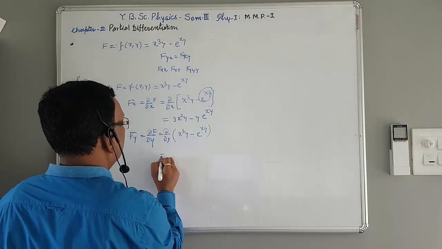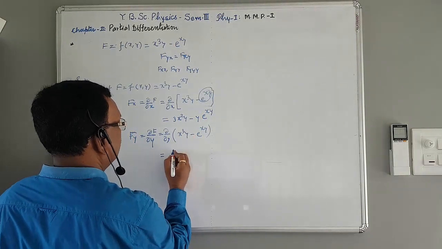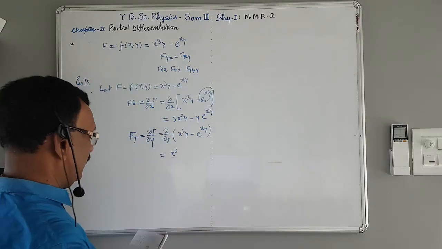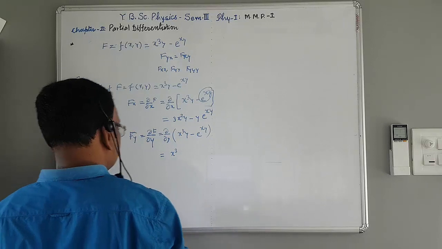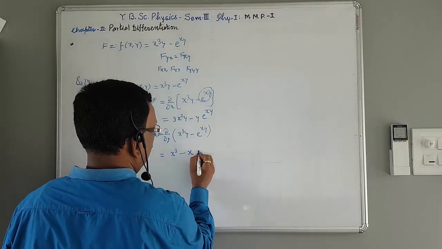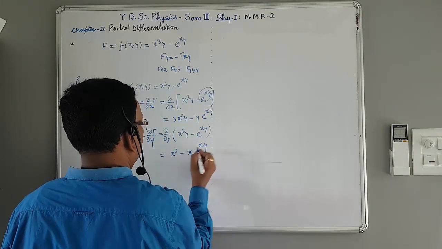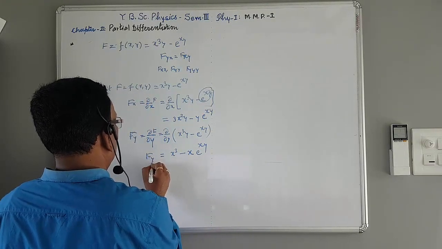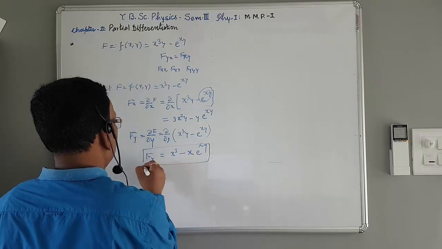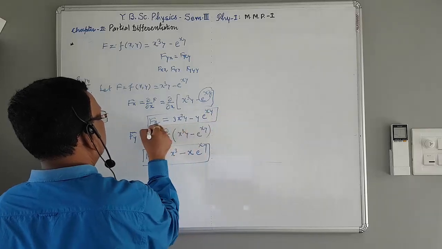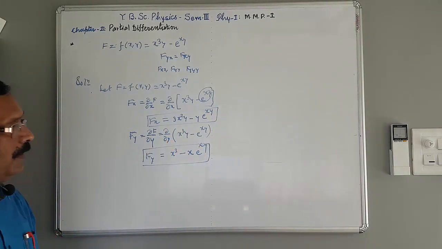In similar fashion, the first order derivative of the first term is x³, minus the derivative of this term, which is x e^(xy). We have the values of f_x and f_y, that is the first order derivatives of the given function.